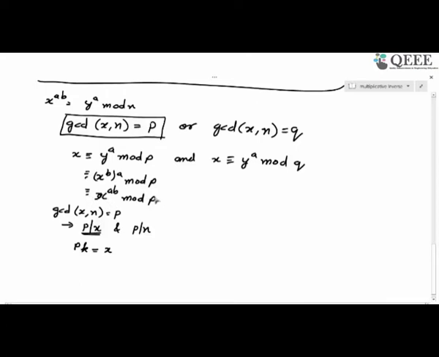So we can now represent x to the power of ab mod p as equal to (p into k) to the power of ab mod p.